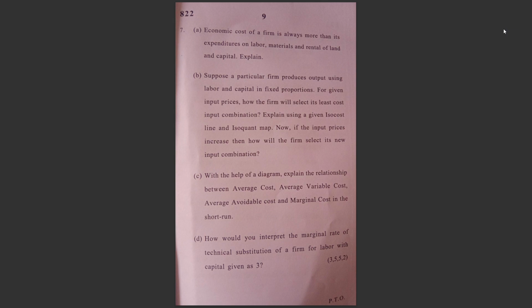Explain. The 7A contains 3 marks, and the 7th question has 4 sub questions. So the first contains 3 marks, B contains 5 marks, C contains 5 marks and D contains 2 marks.